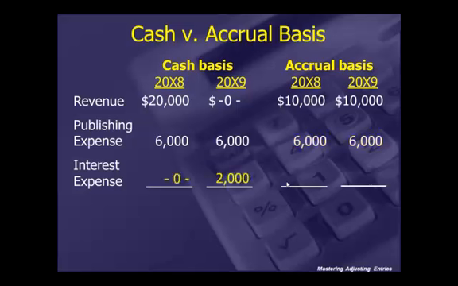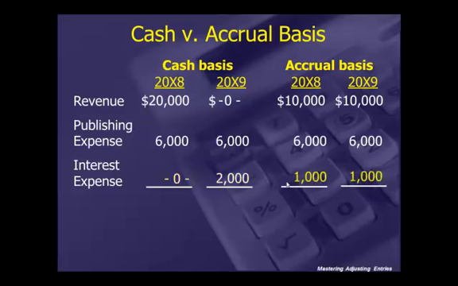The interest expense under the cash basis will be reported when it is paid, and that was the 10,000 times 10% times 2 years. So that's $2,000 will be paid at the end of 2009, and the expense will be 2,000 in 2009 and 0 in 2008.